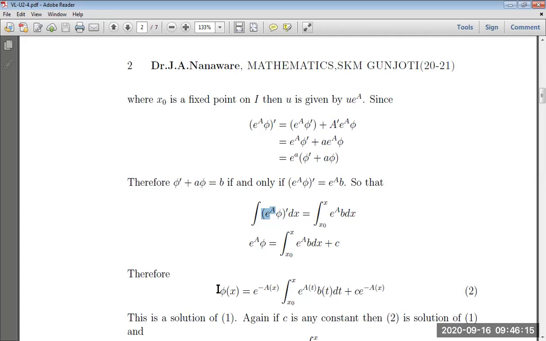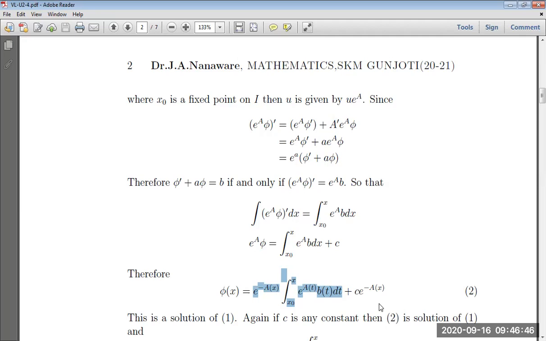Now you can denote this term as psi of x, and therefore phi of x can be written as psi plus c into phi 1, where phi 1 is a solution of the homogeneous differential equation y dash plus a of x into y is equal to 0. Right?